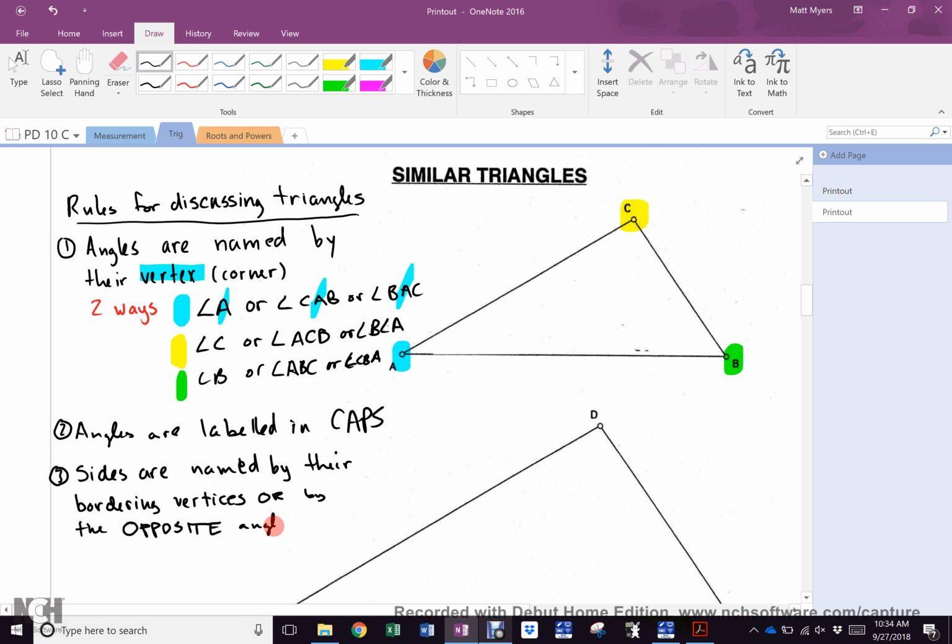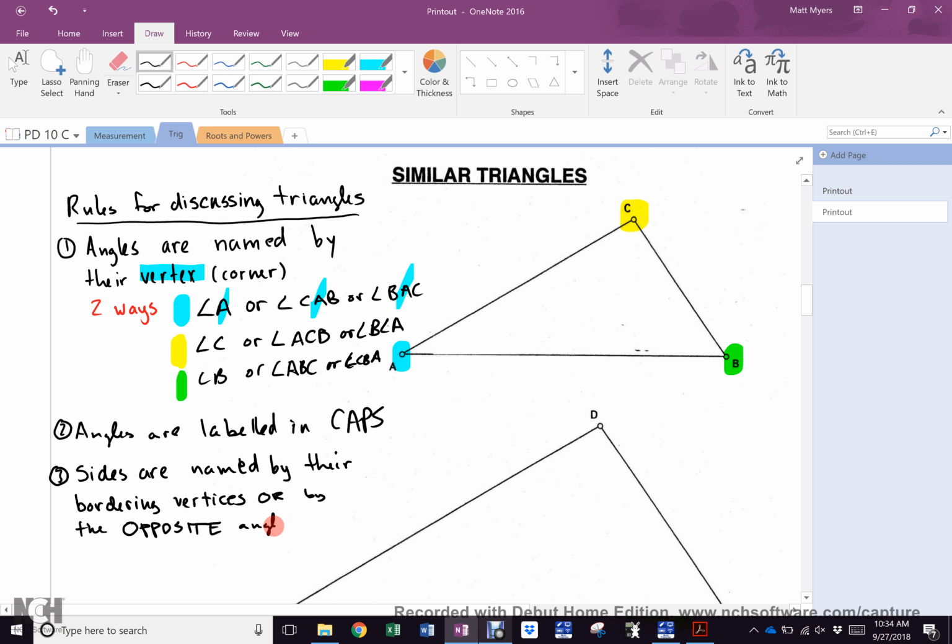The green side, the blue side, and the yellow side. So, the green side is either AC or CA, bordering vertices. Everybody with me? I don't like that because it's messy. Too many letters. I like the thing that's going to be in the highlight.